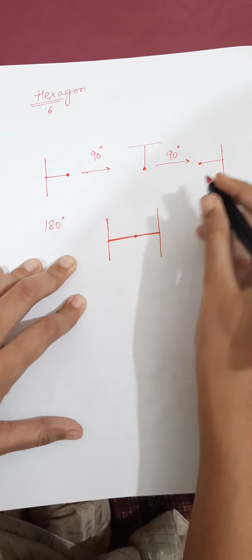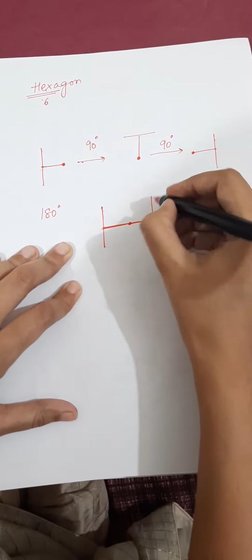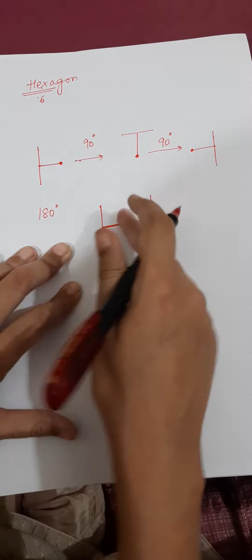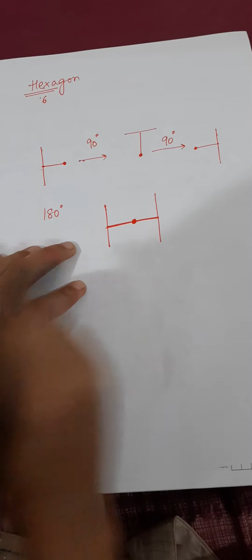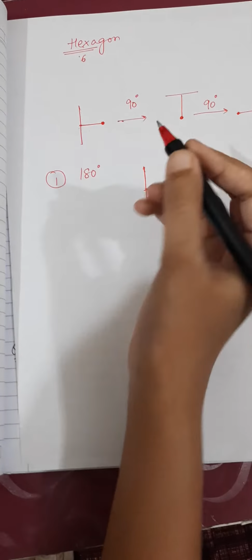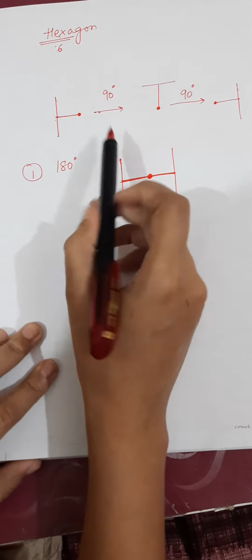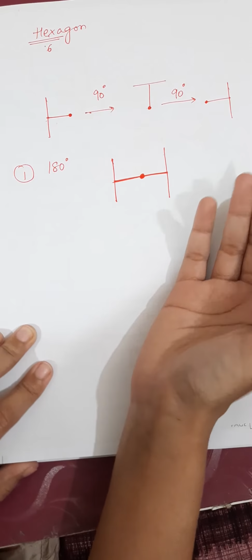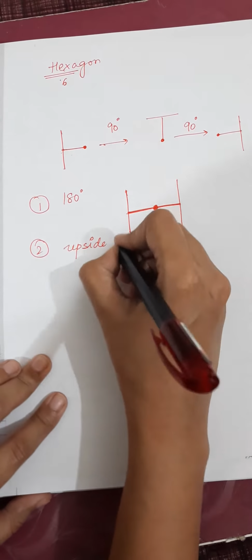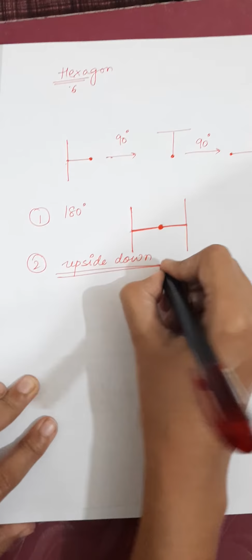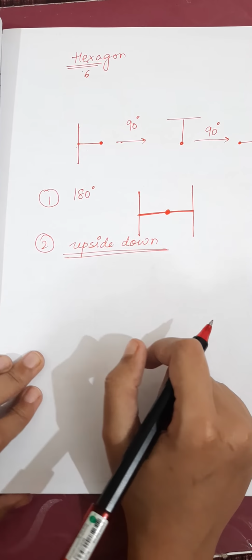This is called point symmetry. So what is point symmetry? First, after 180 it becomes symmetrical, and second, upside down it is going to have the same figure.